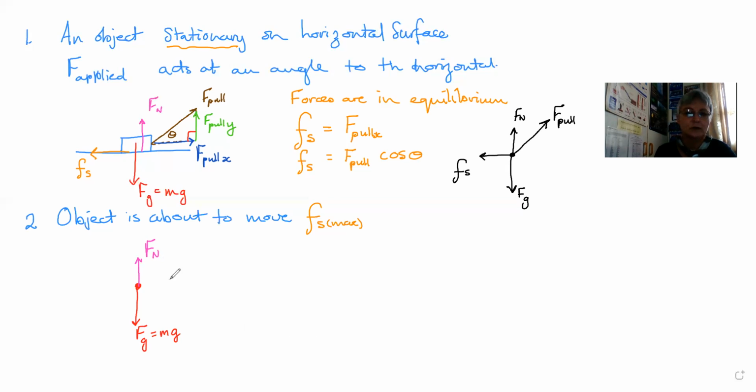and I'm deliberately drawing it shorter than the Fg. You've got your applied force at an angle of theta, and you've got the friction that will oppose the motion. And in this case, this friction is the maximum static friction.